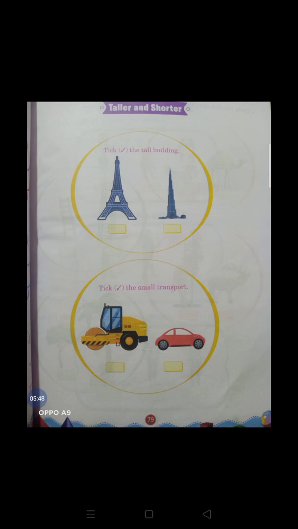When we compare the height of an object, we use the words taller and shorter. நம்ம எந்த ஒரு ரெண்டு பொருளோட height compare பண்றோமோ, எது உயரமானது எது குள்ளமானது அப்படின்னு நம்ம compare பண்ணும்போது we have to use taller and shorter.